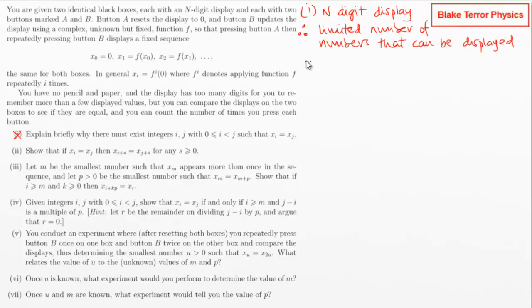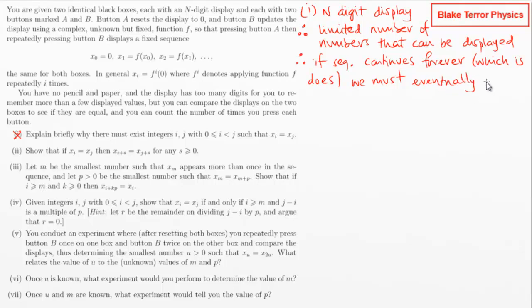So therefore, if the sequence continues forever, which it does, we must eventually get a duplicate number.